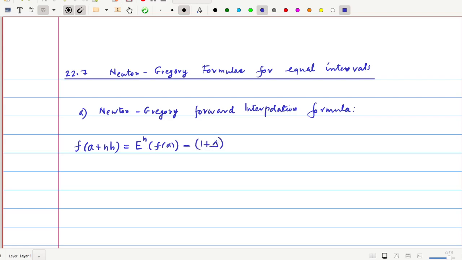We have already proved that 1 plus delta is equal to E, so we have (1 plus delta) raised to n of f of a, and we expand 1 plus delta raised to n using binomial expansion.